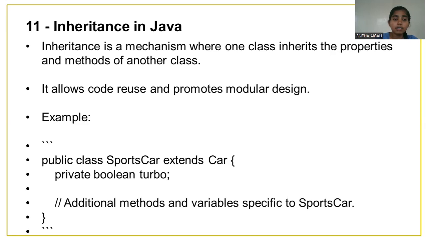Here we have a class named SportsCar, that is public class SportsCar extends Car. Extends Car is used to copy the methods and variables from the previously defined class, that is Car. Then we have private boolean turbo, and other methods and variables specific to SportsCar.